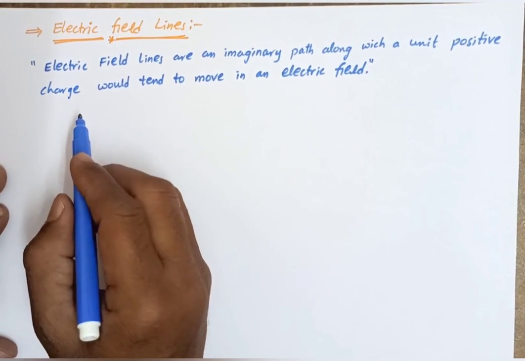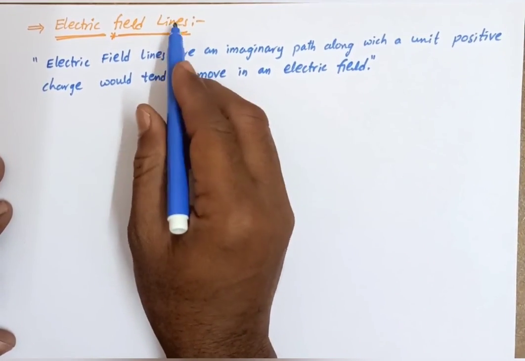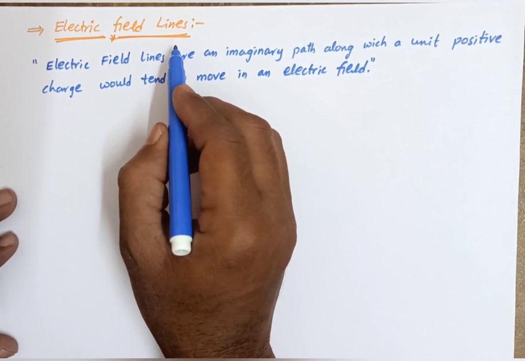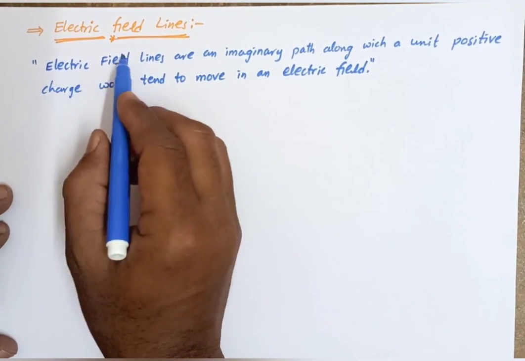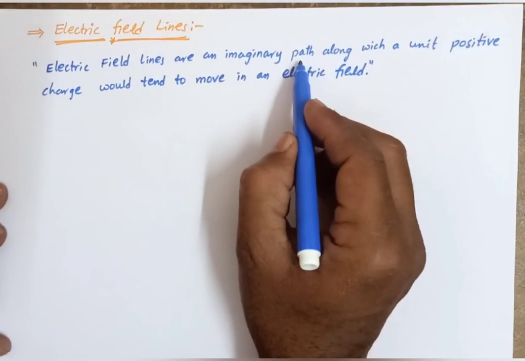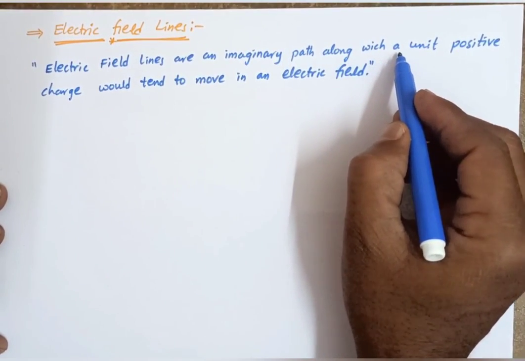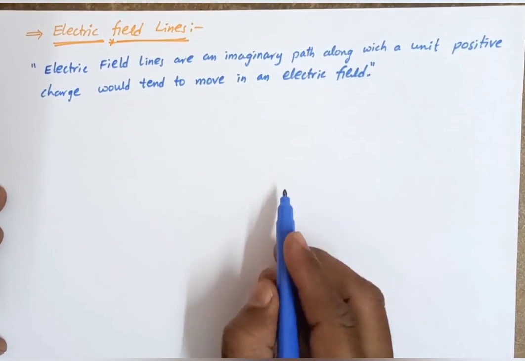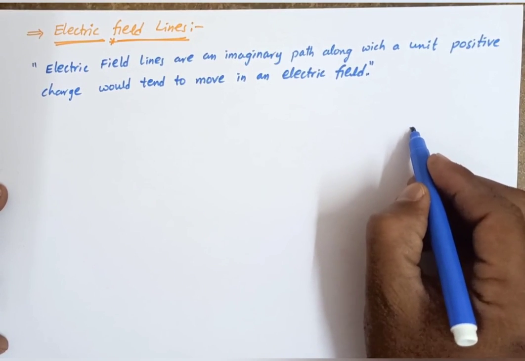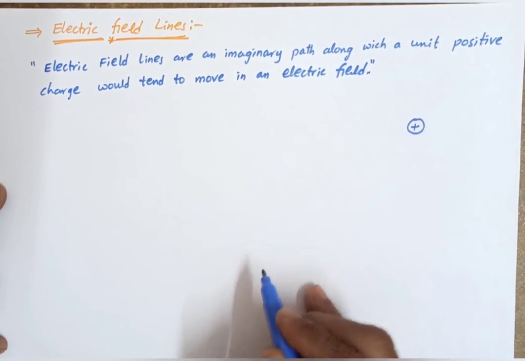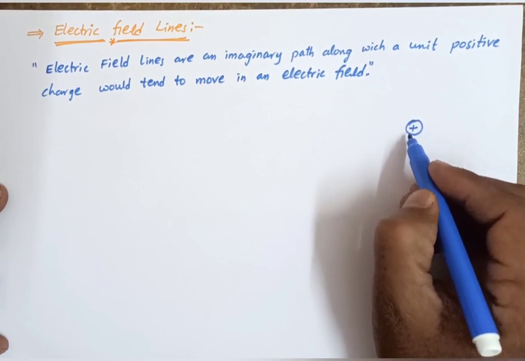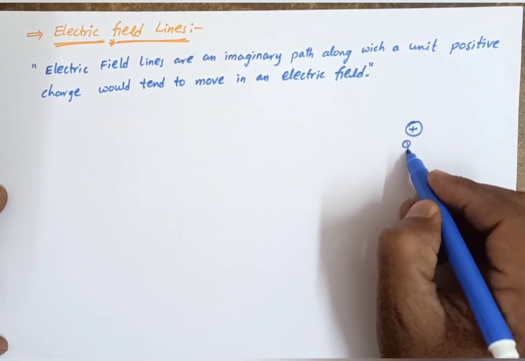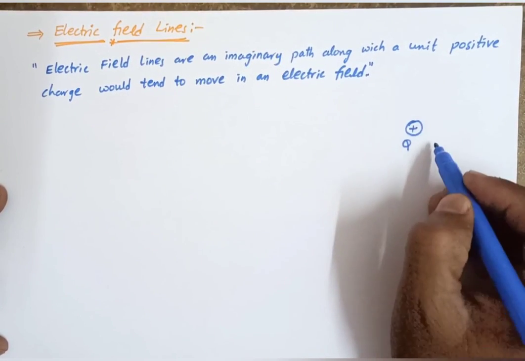So the next topic is electric field lines, also called electric lines of force. Electric field lines are an imaginary path along which a unit positive charge would tend to move in an electric field. For example, we consider a positive charge plus q, which produces an electric field.